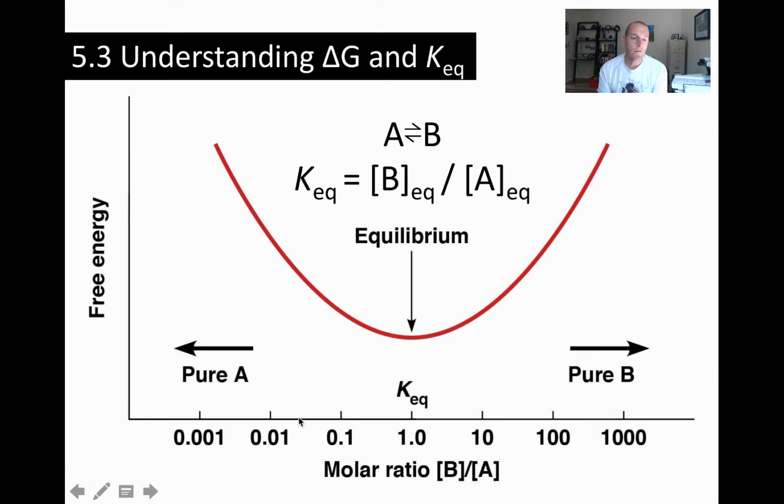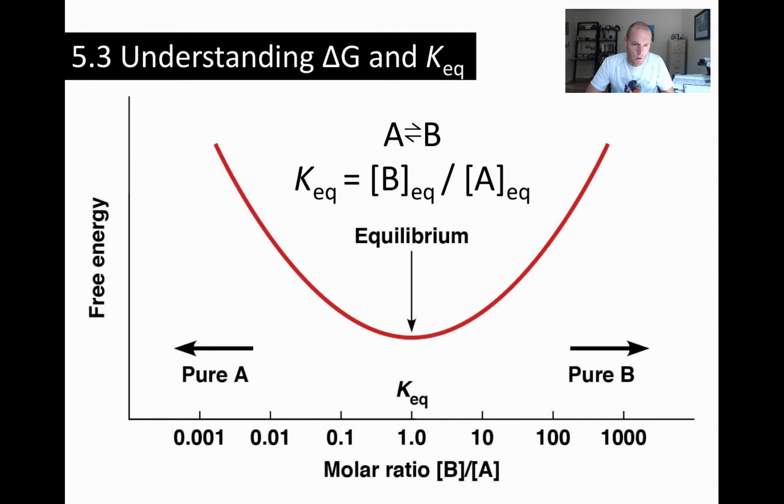So if you have a ratio down here, less than the equilibrium constant, the reaction is going to be driven to the right. And if you have a concentration of B over A over here, greater than 1, the reaction is going to be driven to the left. So you've got your equilibrium constant, and that's calculated in standard conditions, remember: 1 molar product, 1 molar substrate, and you let the reaction go to equilibrium.